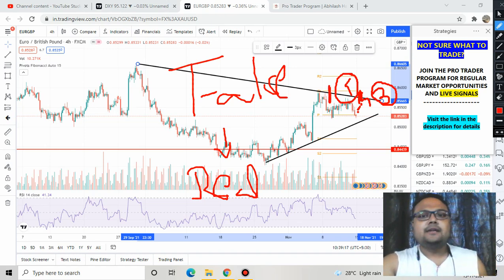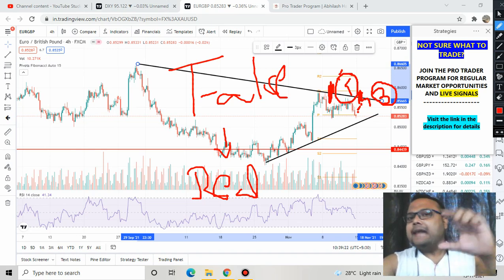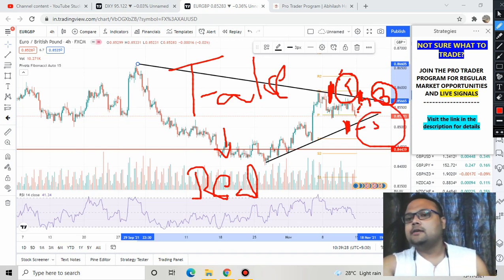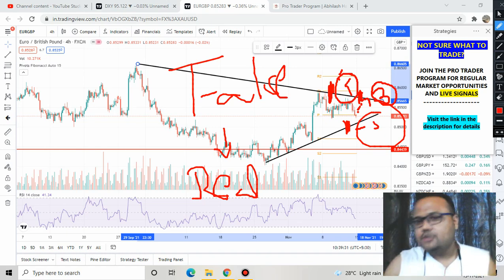If the market breaks this line and starts going up with a big fat candle, go for a buy. If the market breaks this line down with a big fat candle, you can go for a sell, because you have the confirmation from the volume.